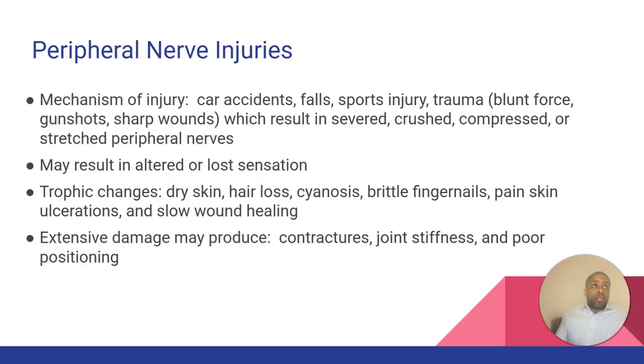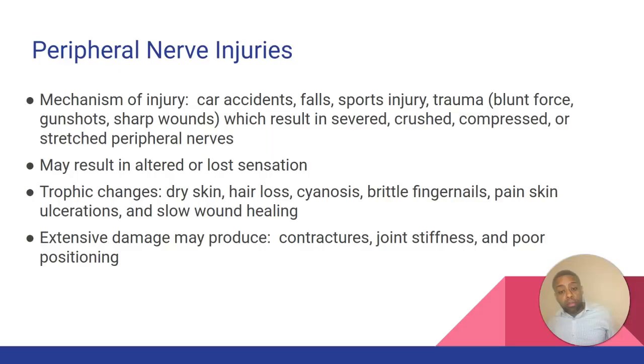Now, not just sensory loss, but also motor functions can be impacted because of peripheral nerve injuries. And this loss of motor capabilities or reduced motor capabilities certainly could, over time, lead to tightness, joint stiffness that can develop, or tightness of the tendons. Posture and positioning can be impacted. And when it comes to the extremities, more particularly with the hands, motor loss can eventually lead to contractures if not properly managed.